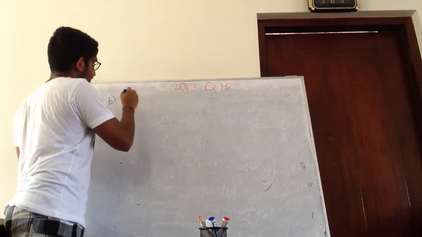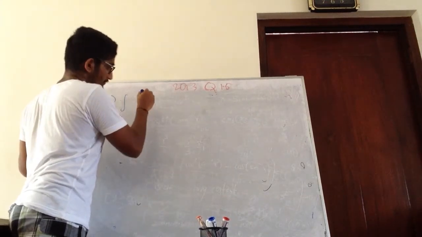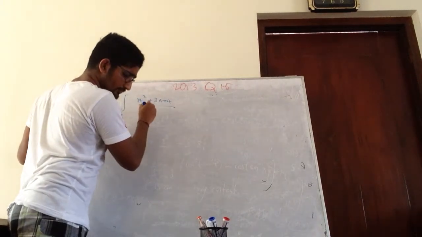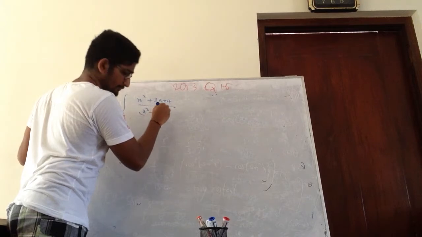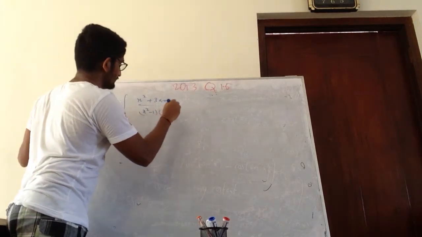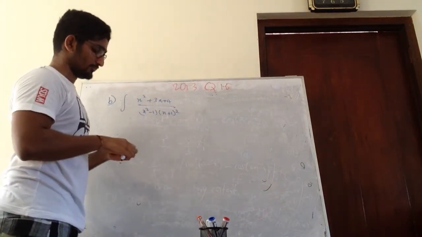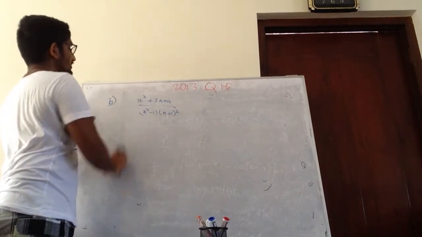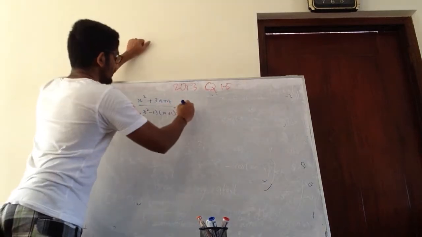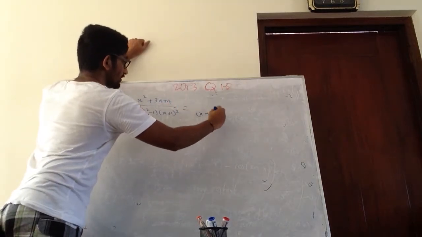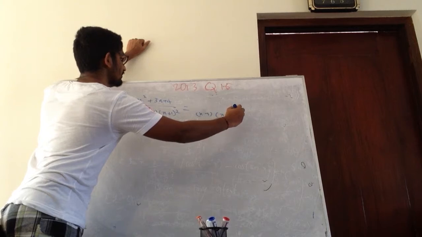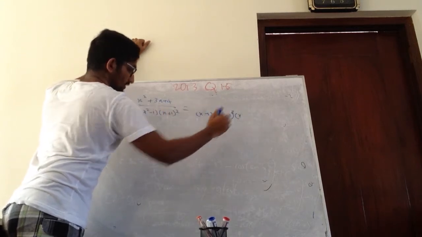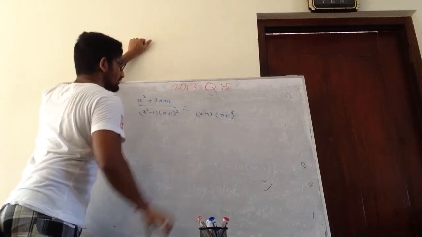So let's find the partial fractions of this. Right, so first of all what I am going to do is find the partial fractions here. So this is going to be x minus 1 over x plus 1, x plus 1 squared, and this is going to be 3. Put the same thing down.